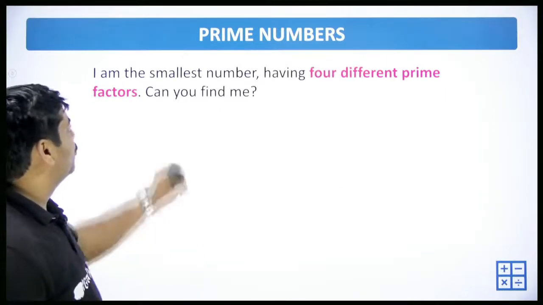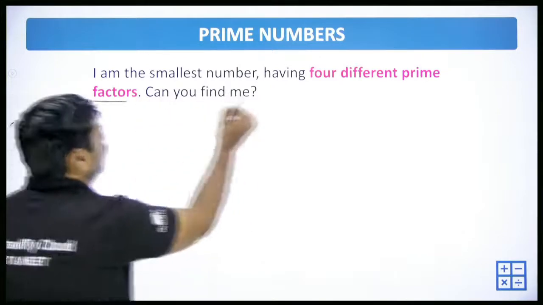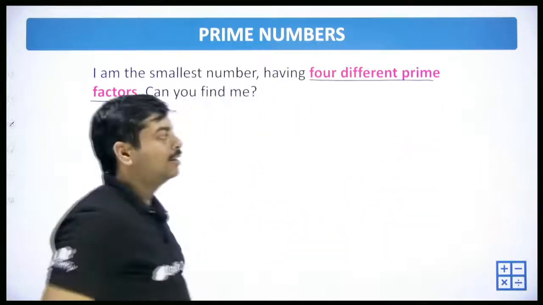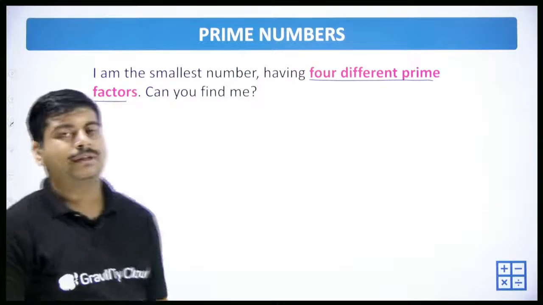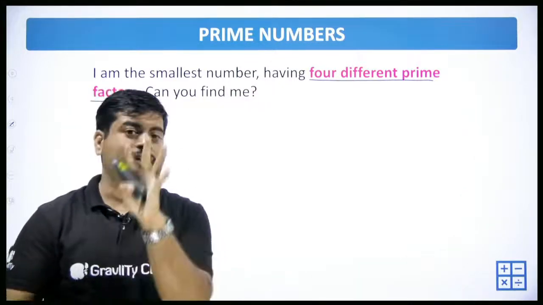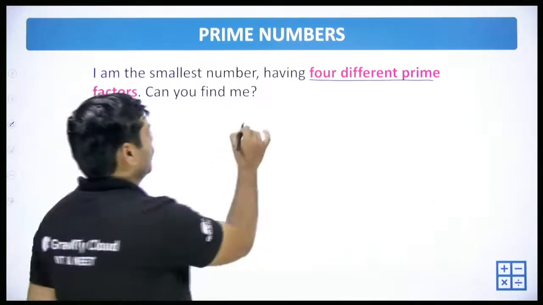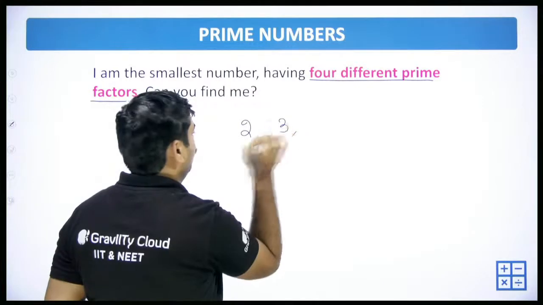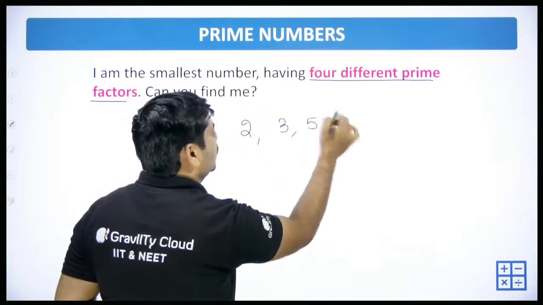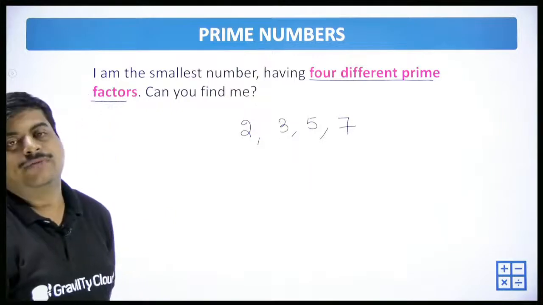So the question is: the smallest number having 4 different prime factors. Can you find the number? Beautiful question. Tell me what are prime numbers: 2 is a prime number, 3 is a prime number, 4 no, 5 is a prime number, 6 is not a prime, 7 is again a prime. 2, 3, 5, 7.